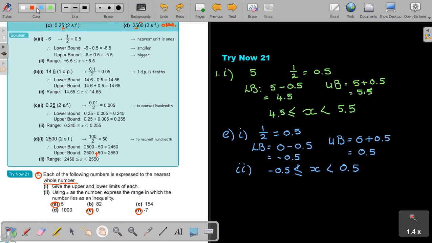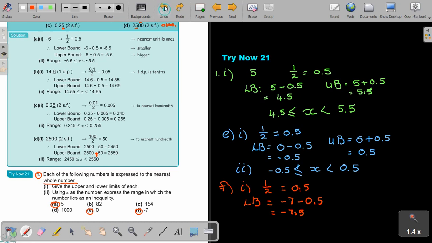Okay, and we're just going to move this, and now let's move it a little bit up. It's negative 7, and we do exactly the same. Let's just take another color. So it's number F, and it's the first one. It's again to the nearest whole number, so it's 1, divided by 2, which is still 0.5. So for my lower bound, I'm just going to say negative 7 minus 0.5, which is going to give me negative 7.5.